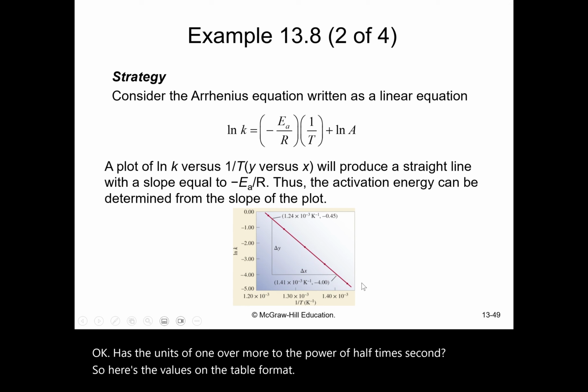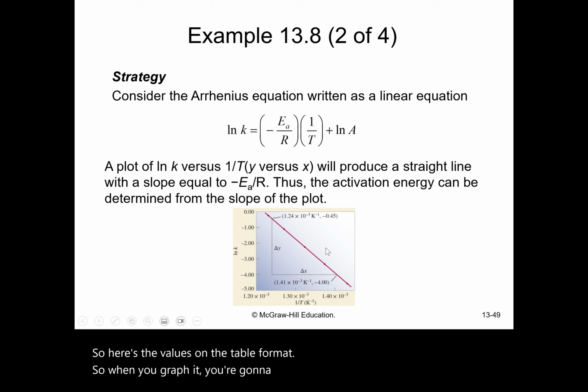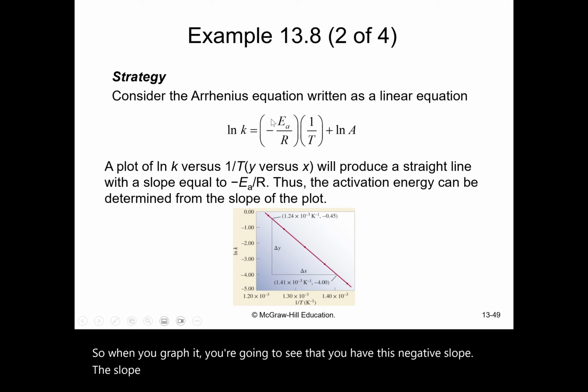When you graph it, you're going to see that you have this negative slope. The slope is equal to this value here, which is negative activation energy over R, where K is a rate constant.